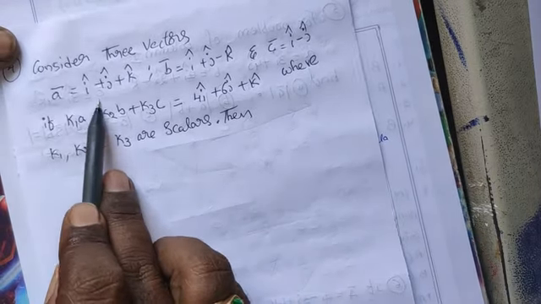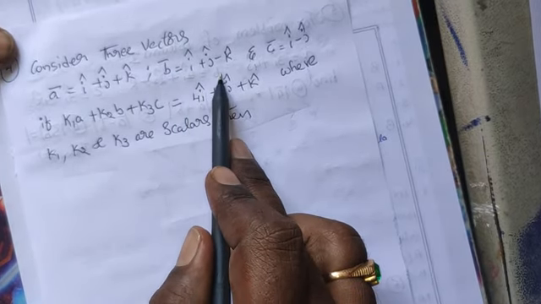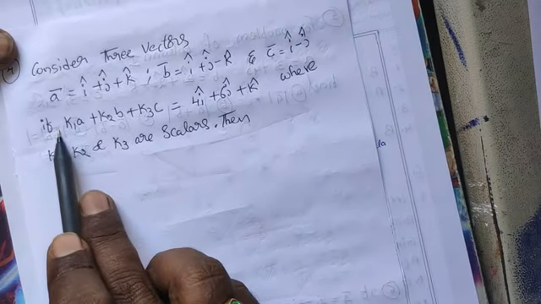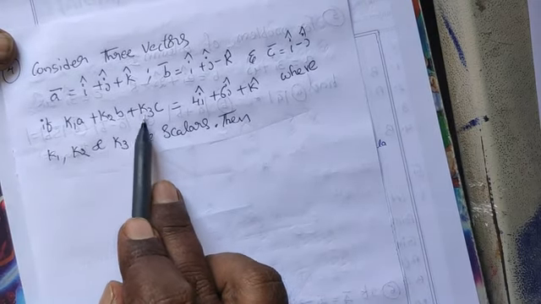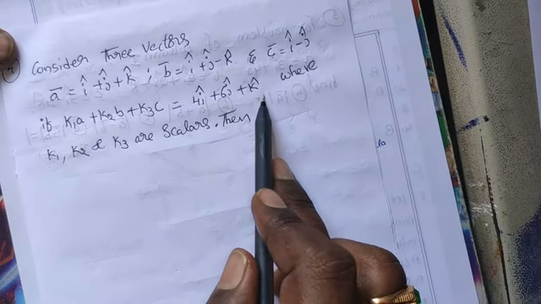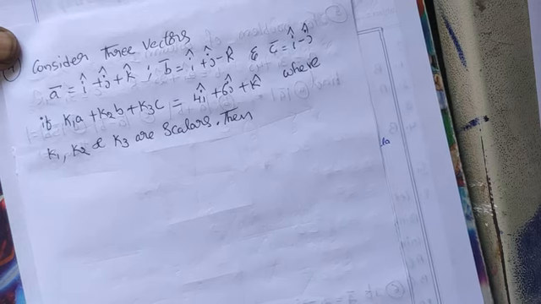Consider 3 vectors: A bar equals i plus j plus k, B bar equals i plus j minus k, C bar equals i minus j. If k1 A plus k2 B plus k3 C equals 4i plus 6j plus k, where k1, k2, k3 are scalars, then first of all we have to equate the i terms and j terms.